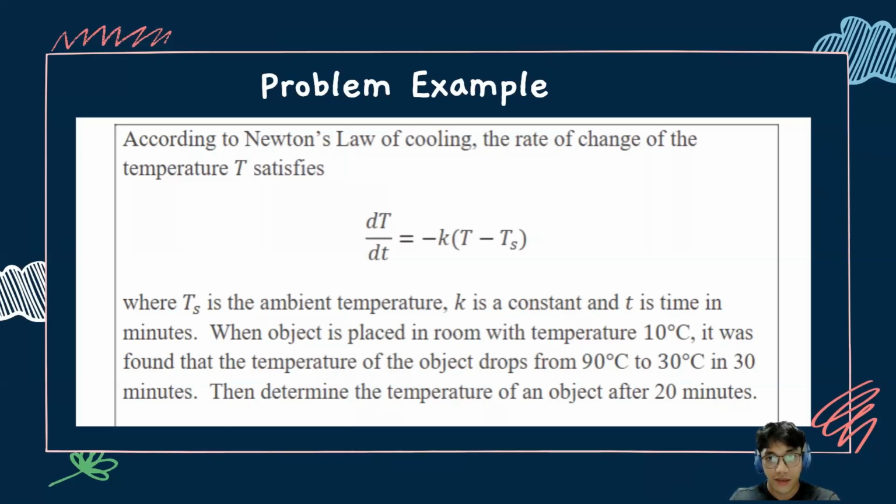When the object is placed in a room with temperature 10 degrees Celsius, the temperature of the object drops from 90 to 30 degrees Celsius in 30 minutes. Determine the temperature of the object after 20 minutes. Now let's see the solution.